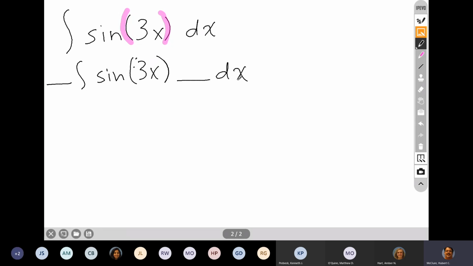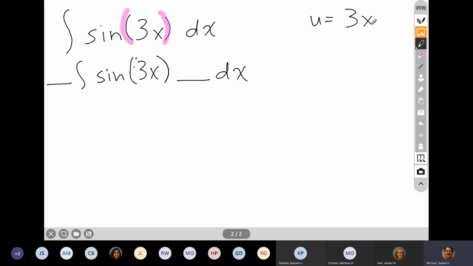So somebody tell me what u is going to equal. U is not going to equal the trigonometric function. Well, Hubert, it will if it's a square or a third or a fourth power or something like that.